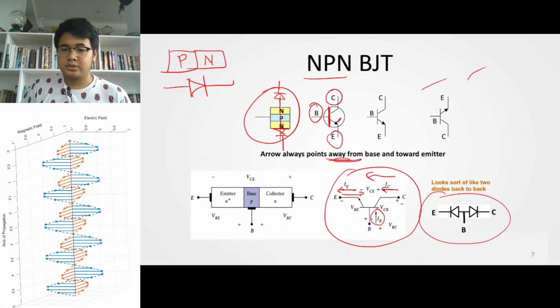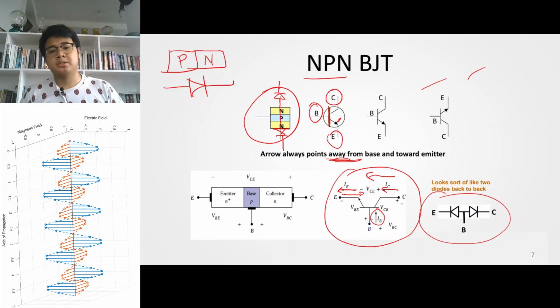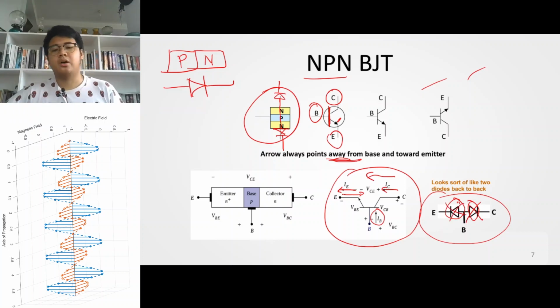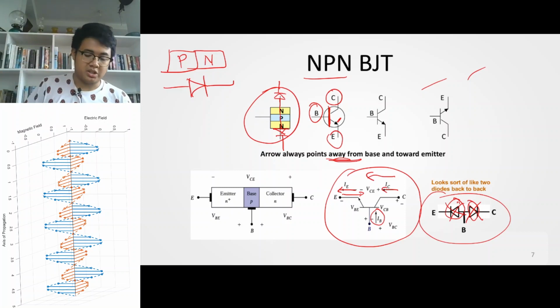So if we have two diodes back to back when we're analyzing diode circuits, how many possible states do we have? Since the diodes can just either be on or off, your transistor has 4 states: when both are on, when one is on and the other is off, and when both are off, consisting of 4 different possible states for your NPN BJT.